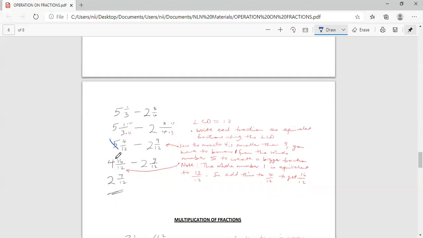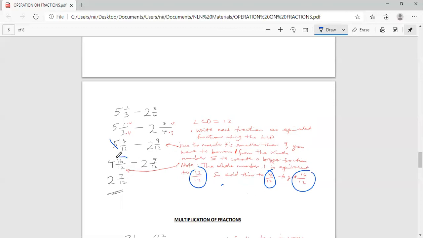The one that I borrow is always equivalent to the LCD parts, 12 out of 12 parts. So if I add this 12 out of 12 parts to the 4 out of 12 parts, it gives me 16 out of 12 parts, 12 plus 4.